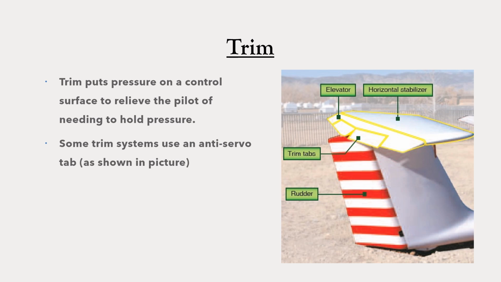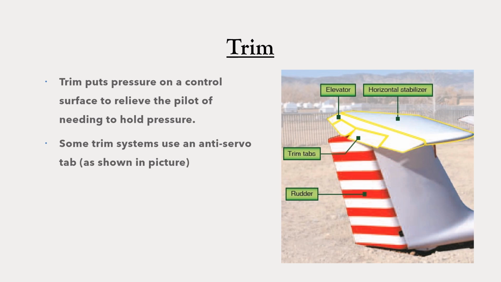There's a couple of different ways that trim is accomplished. The two Grobs that we have in the club actually illustrate both of the two. One way is with something called an anti-servo tab. This is another little control surface at the back of the elevator.